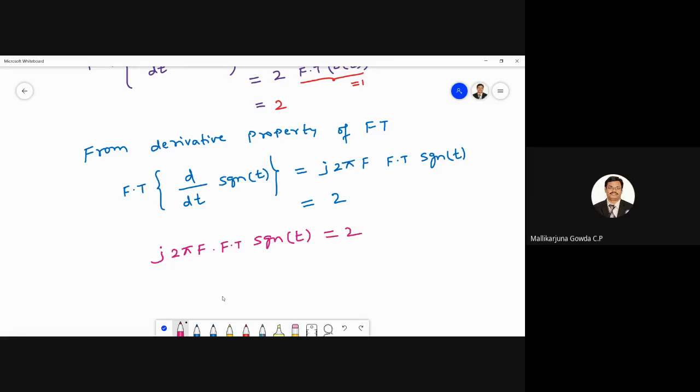So from this, I can write the Fourier transform of sgn of t equal to 2 divided by j 2 pi f. So the 2 will get cancelled, and I can write it as 1 by j pi f. So that is the Fourier transform of sgn of t.